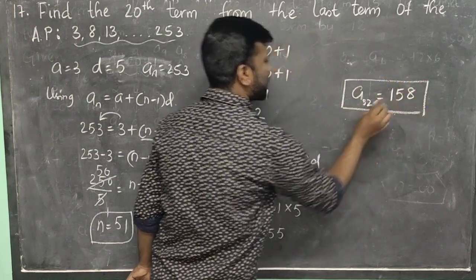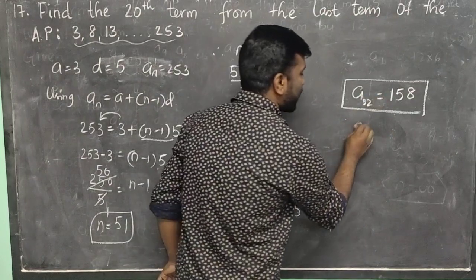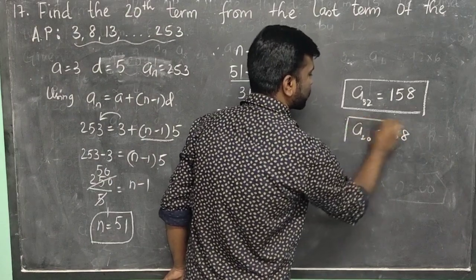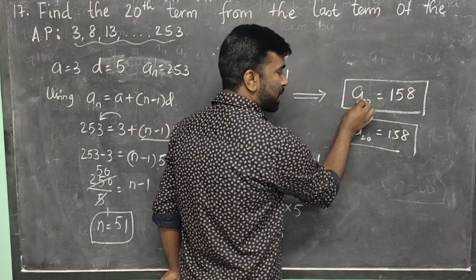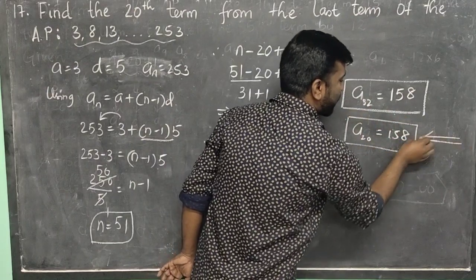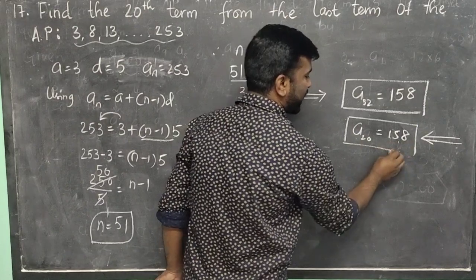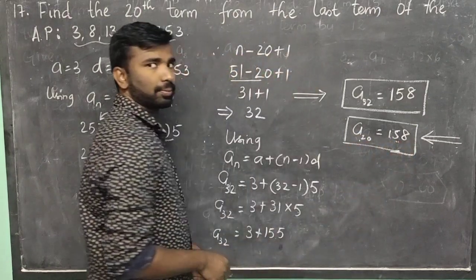The 32nd term is what? 158, which is nothing but the 20th term from the last term. From the beginning if we see, it is the 32nd term. From the last, if we find out the 20th term, it is 158. From the last term, a20 is 158.